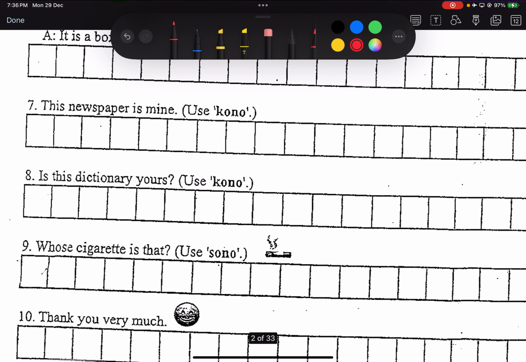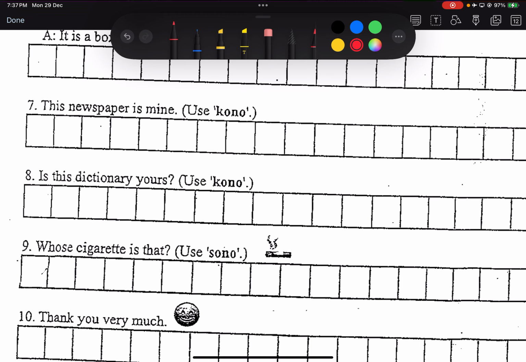Okay, number 7. This newspaper is mine. Use この。 この新聞は... Oh, there's no question. This newspaper is mine. So mine is me, so it's not anata.